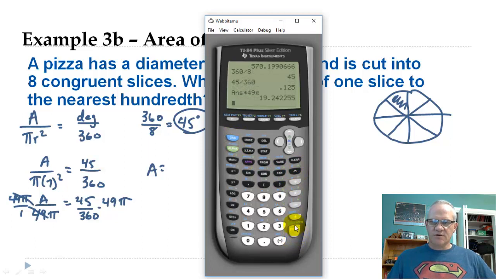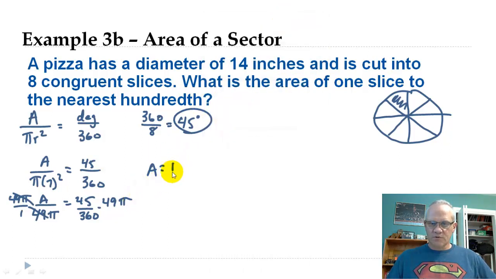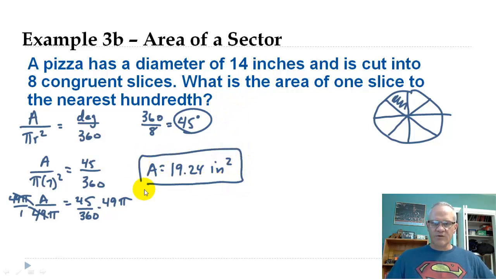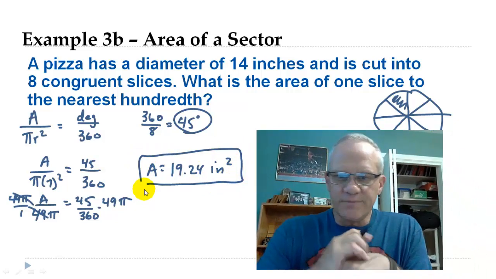It says nearest hundredth, so it looks like 19.24 inches squared. Okay, so there's your area of one slice of pizza.